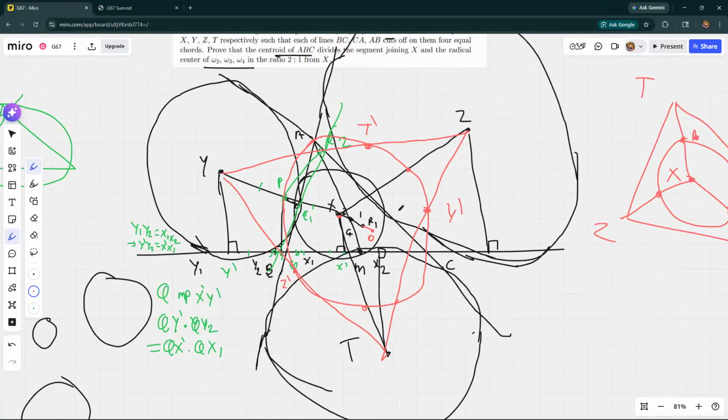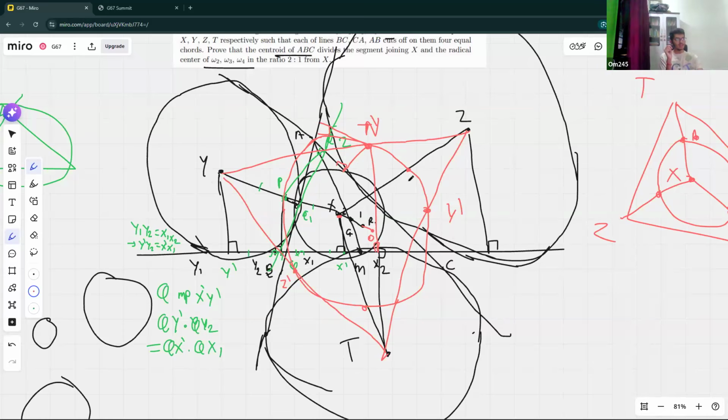For example, if you let N be the midpoint of ZY and make its Simpson line, it is the radical axis for omega 3 and omega 2. Similarly, you can do the same for M and K.